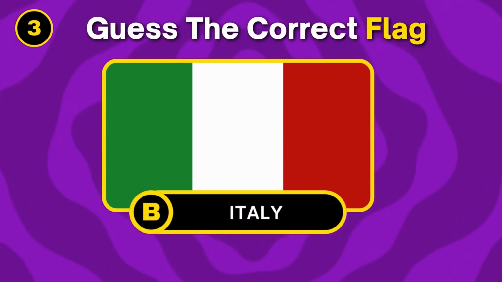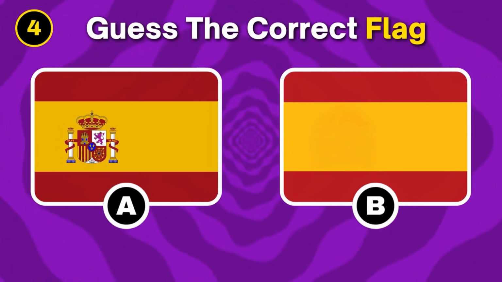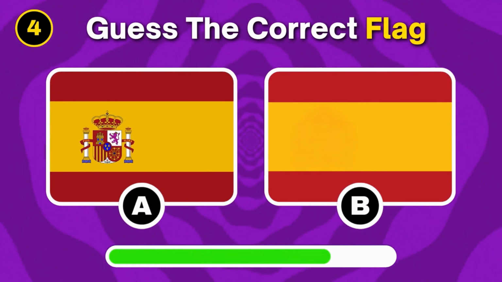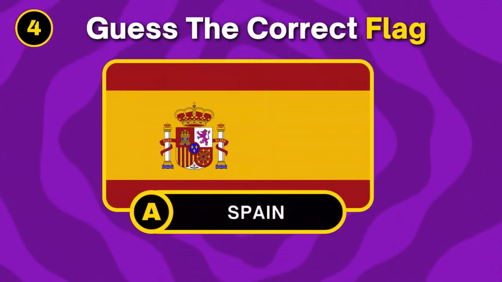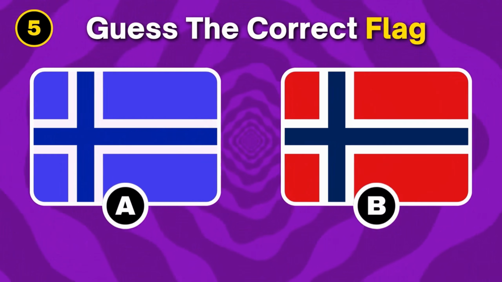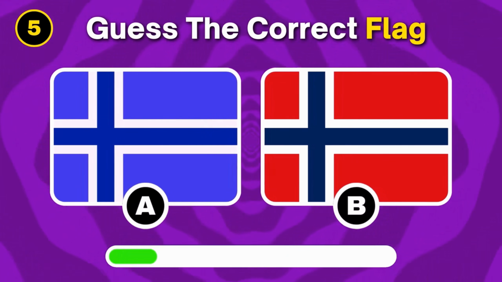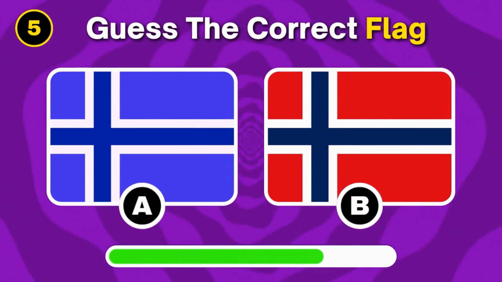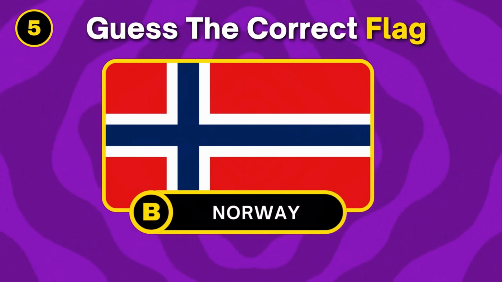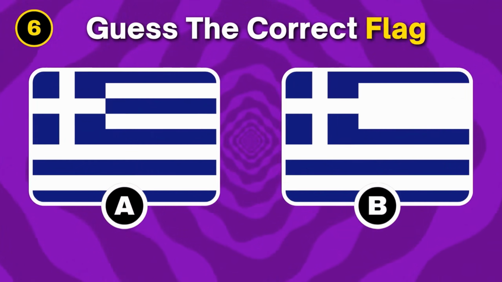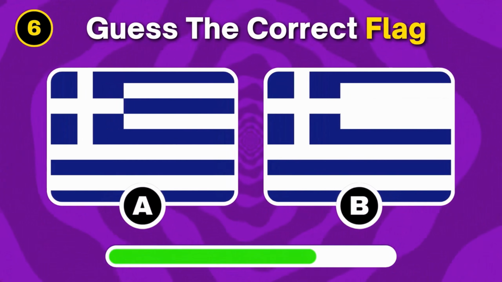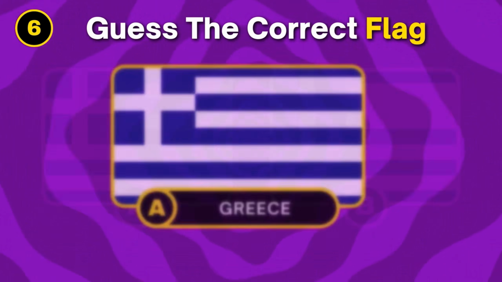The flag is option B. Which one represents Spain's flag? You got it. Option A is correct. Can you spot Norway's flag? Right on. The answer is option B. Which of these is Greece's flag? Exactly.